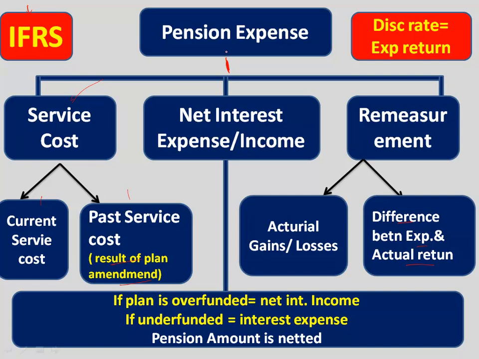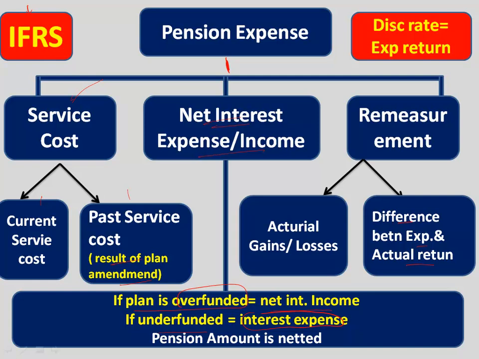Then the next component of your pension expense is net interest expense or income. So if the plan is overfunded, then you are going to have a net income. If the plan is underfunded, then you are going to have a net expense. Can you tell me why? Yes, because your rate is same.